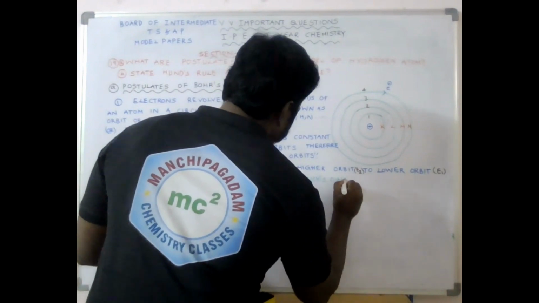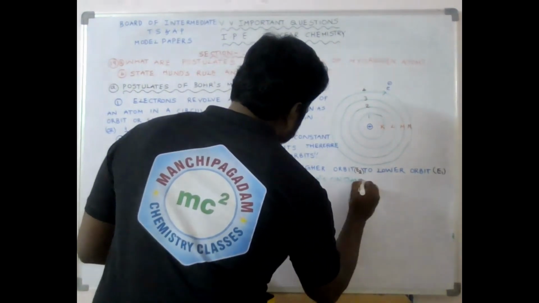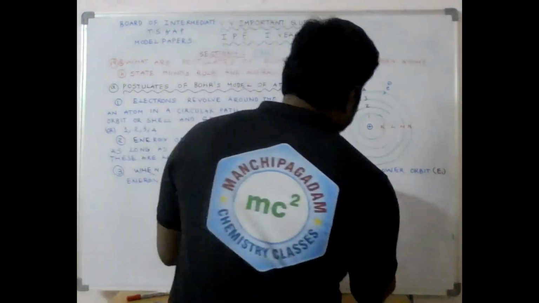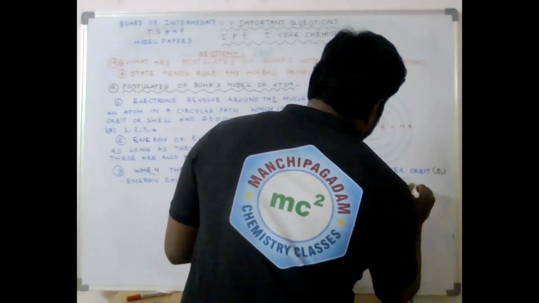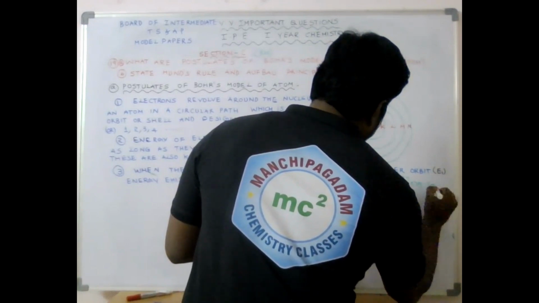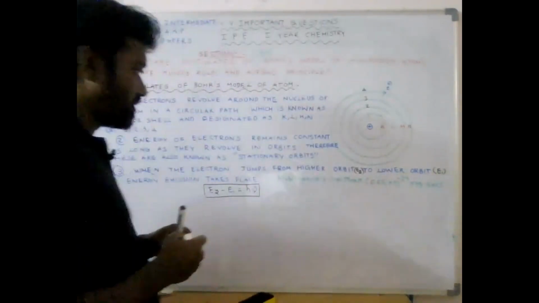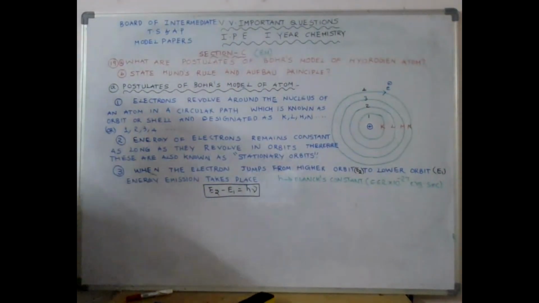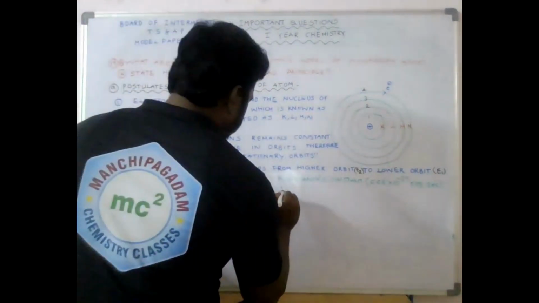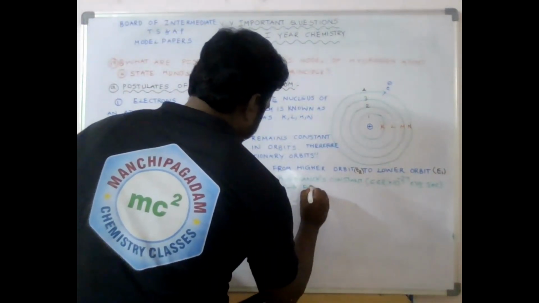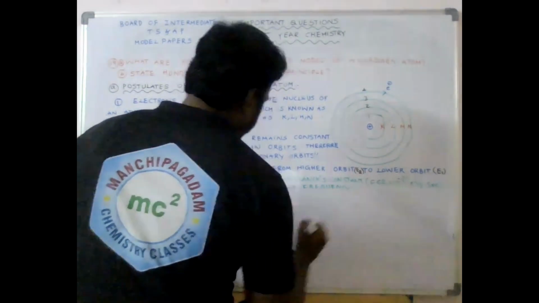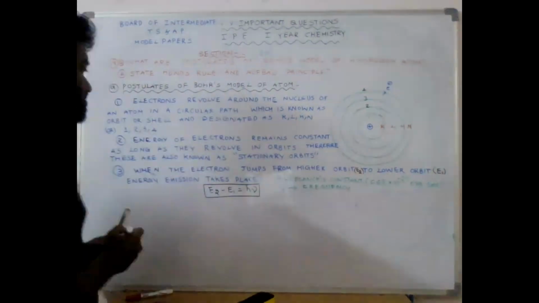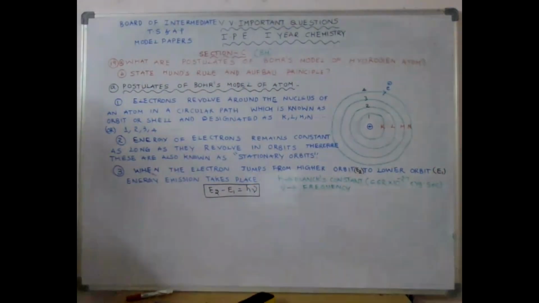If you remember the value, you can write it; if not, just write Planck's constant: 6.62 into 10 power minus 27 erg second, or 6.62 into 10 power minus 34 joule second. Nu is frequency. E2 is the energy of the higher orbit. E1 is the energy of the lower orbit.